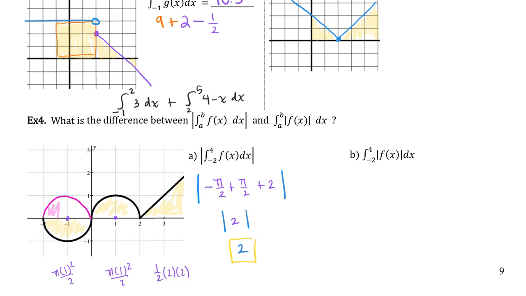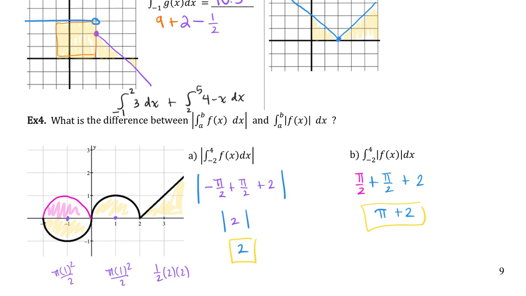So actually this piece ends up being positive pi over 2. Plus, this is already above the axis, so plus another pi over 2. Plus that triangle is 2. So now my answer is pi over 2 plus pi over 2, which is pi, plus 2. So it's not the same thing when you absolute value the function versus the result of the integral.